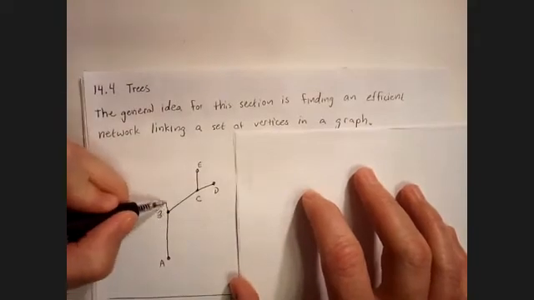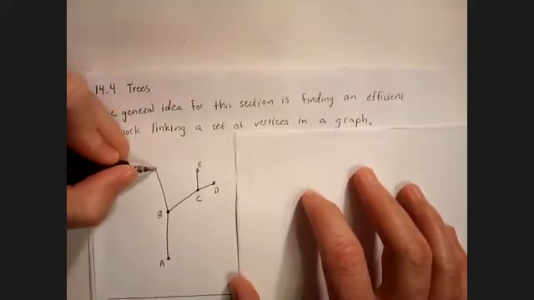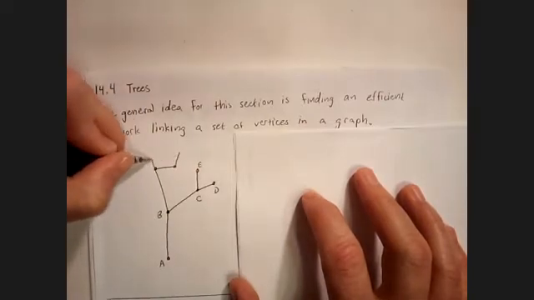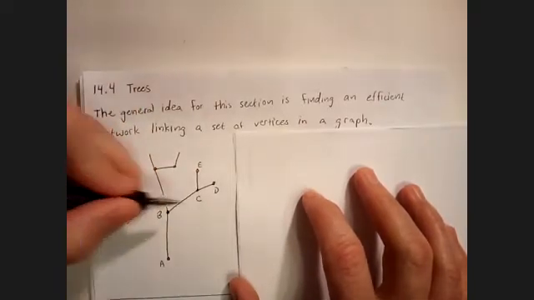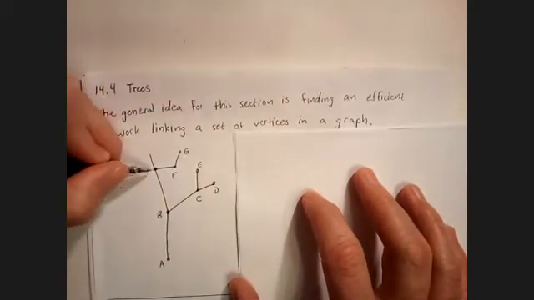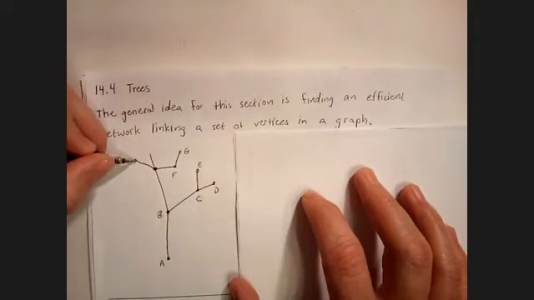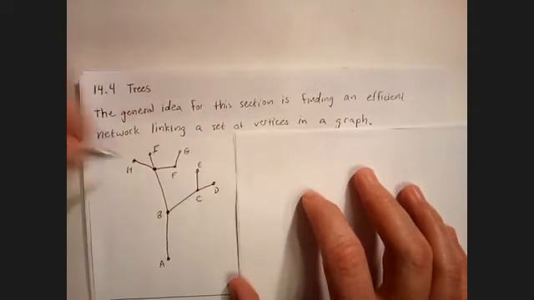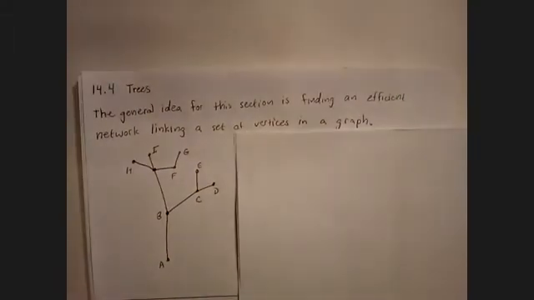So you might have a branch this way. Let's see, A, B, C, D, E, F, G, H. All right, so this is a decent looking tree, I suppose.